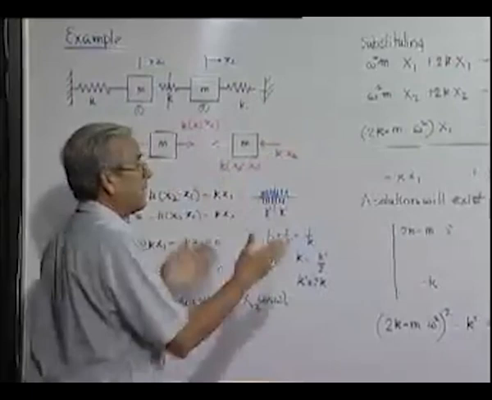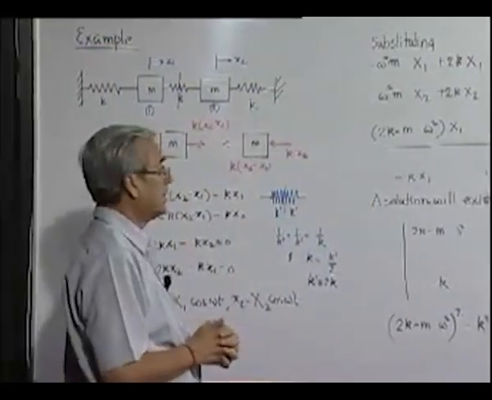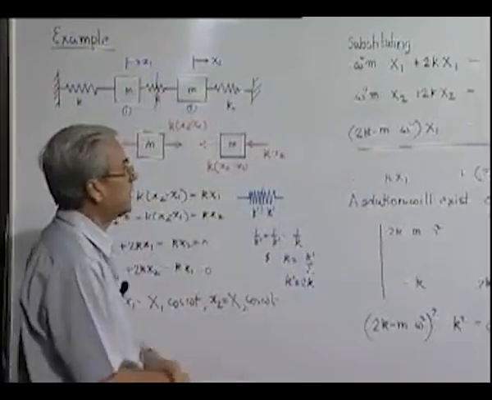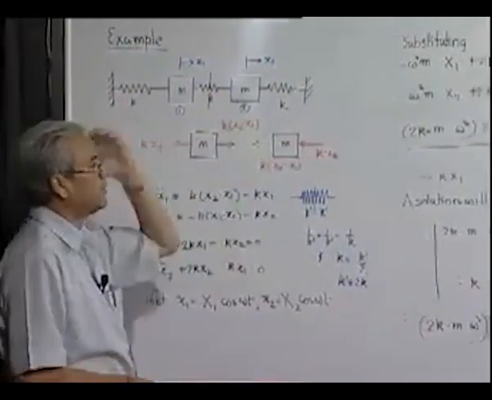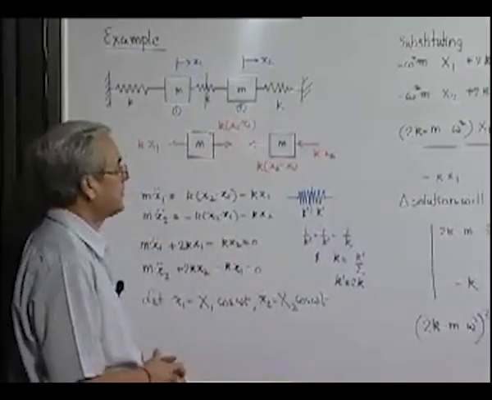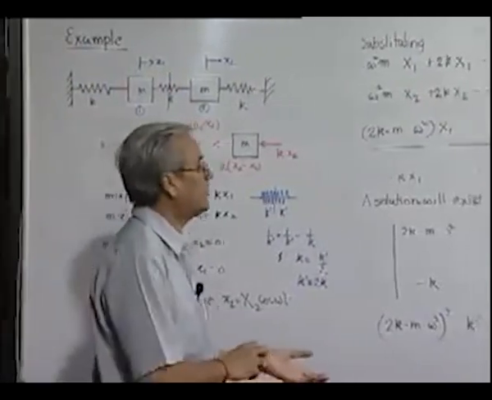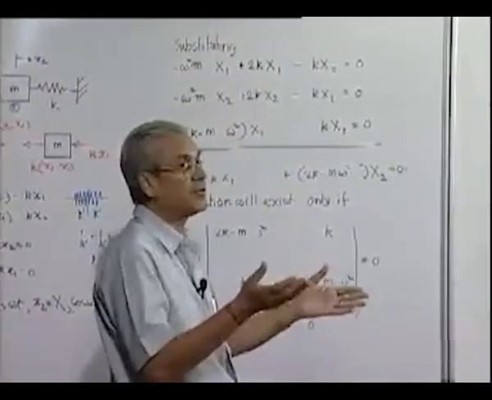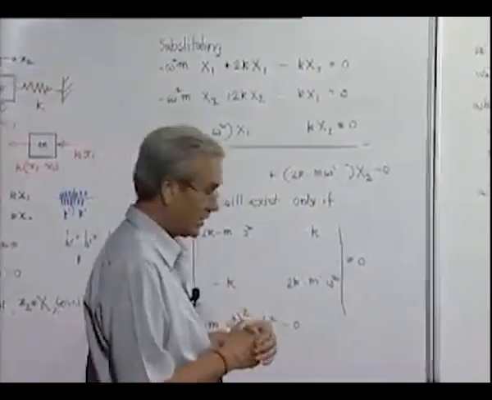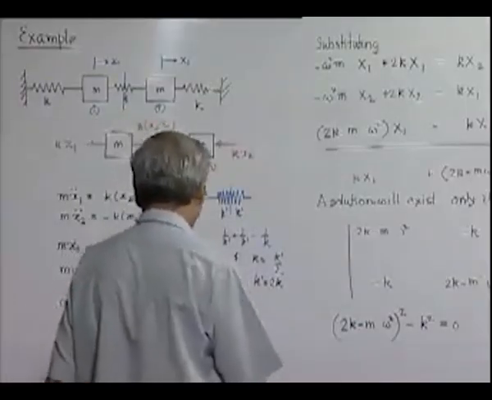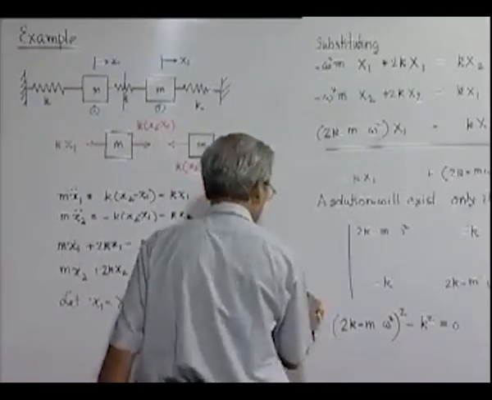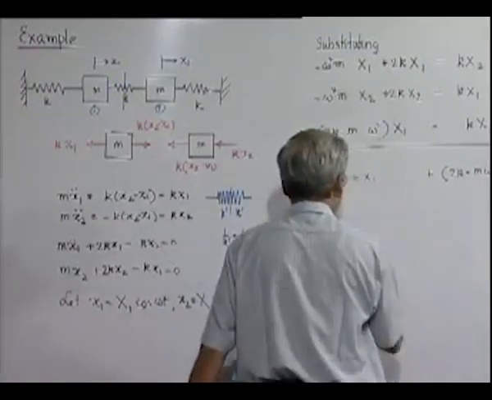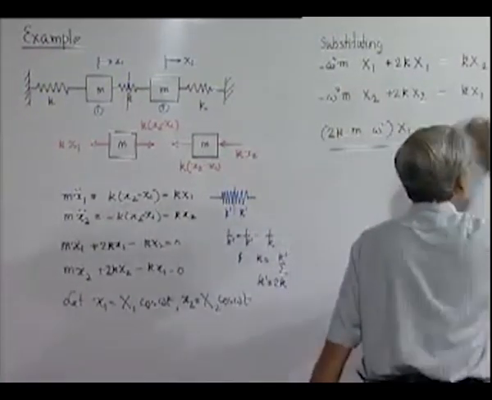There is another such system on this side which I have not drawn. That will also have the same. So you see that physically also we can explain that there are two situations when the two masses will have same frequency harmonic motion, and how the physical explanation can be given in this particular case.